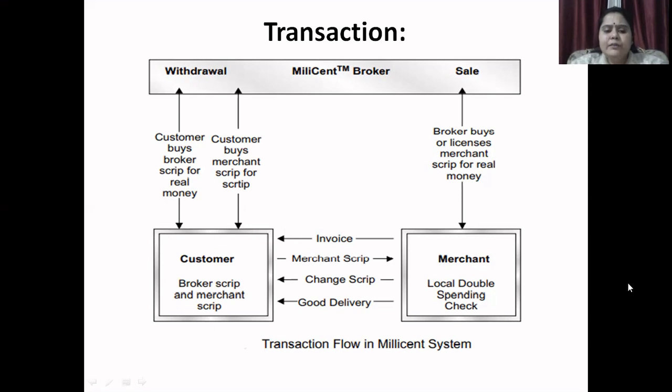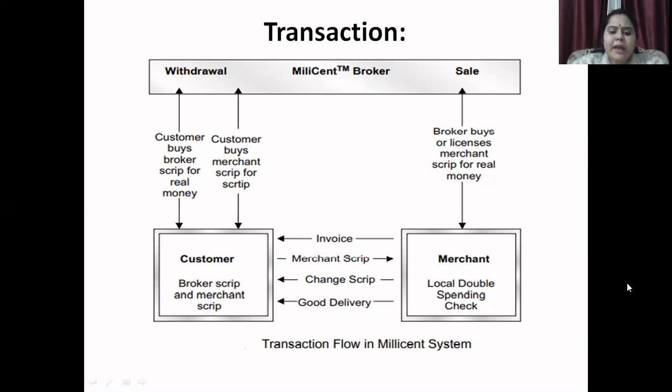In the first four steps, for acquiring the scrip, in case the customer purchases sufficient scrip from his broker to meet his needs for a period of time, these steps need not take place in every transaction conducted during that period.